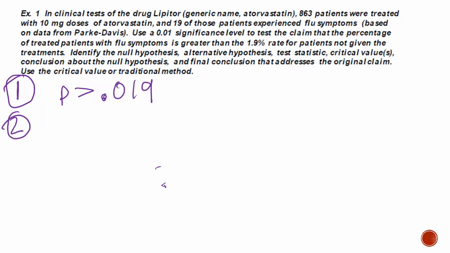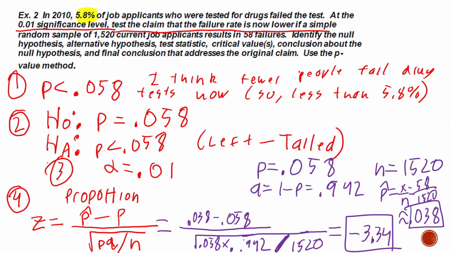So step 2 is to, yes, okay. Remember, David, the null hypothesis always involves what sort of sign? Everybody say, what sign? Equal sign, okay?